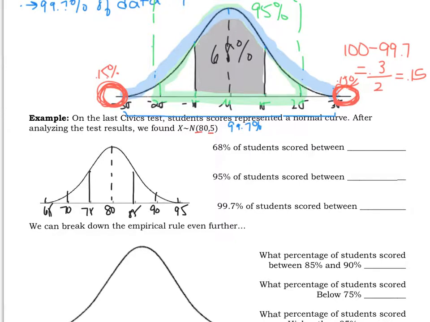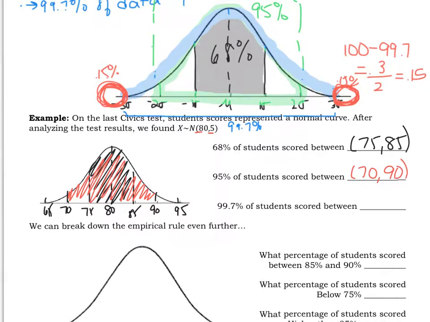Now it says 68% of my students score between what? Well, 68% is within the first standard deviation, which is between 75 and 85. We write this in interval notation as 75, 85, meaning 68% of your students fall between 75 and 85. What about 95%? That's 2 standard deviations, which is between 70 and 90.